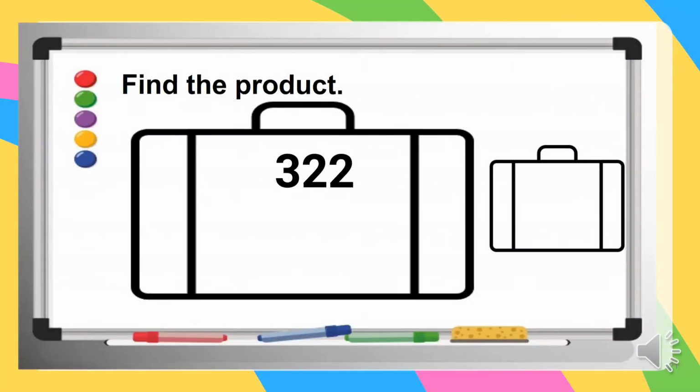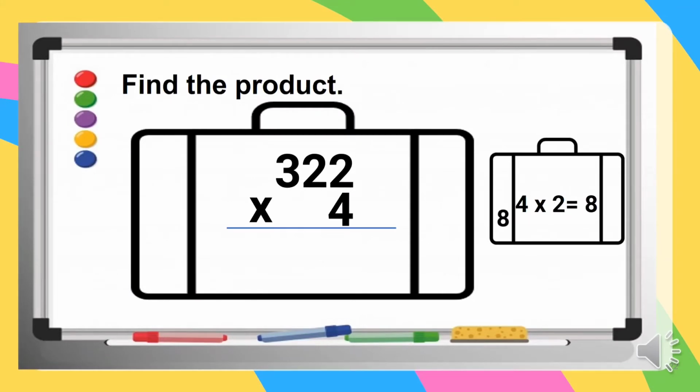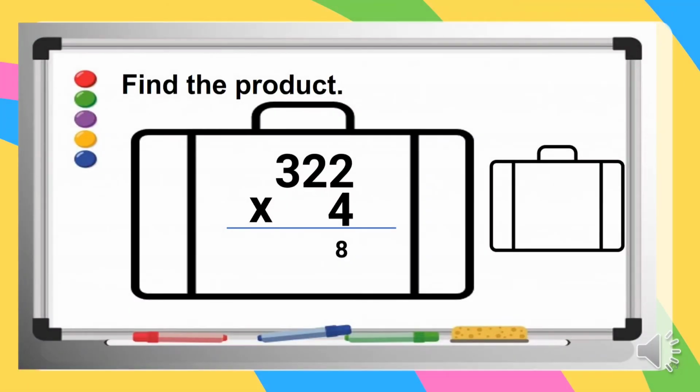Let's have another example. 322 times 4. So let's multiply first the ones digit, which is 2 and 4, or 4 times 2. So 4 times 2 is equal to 8. Then next is 4 times 2, which is 8.